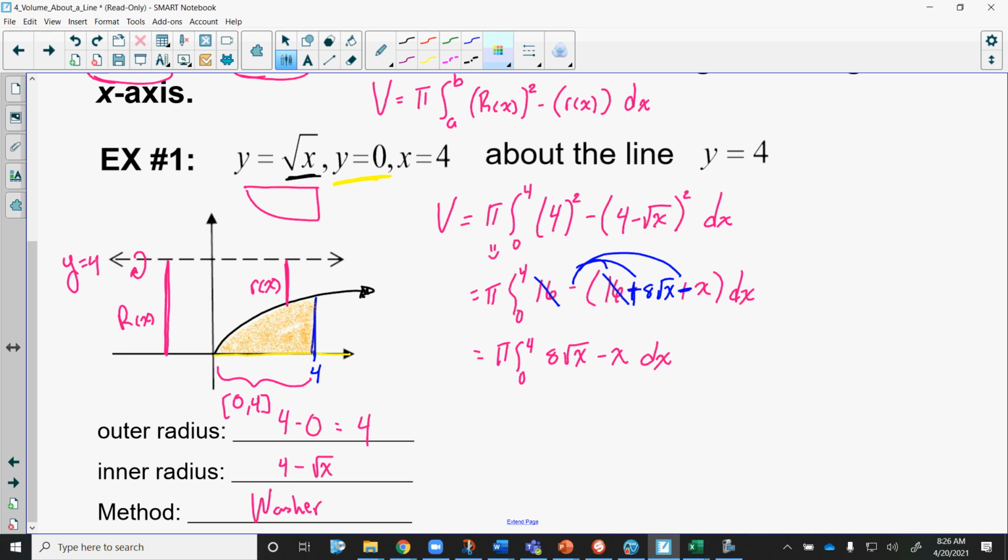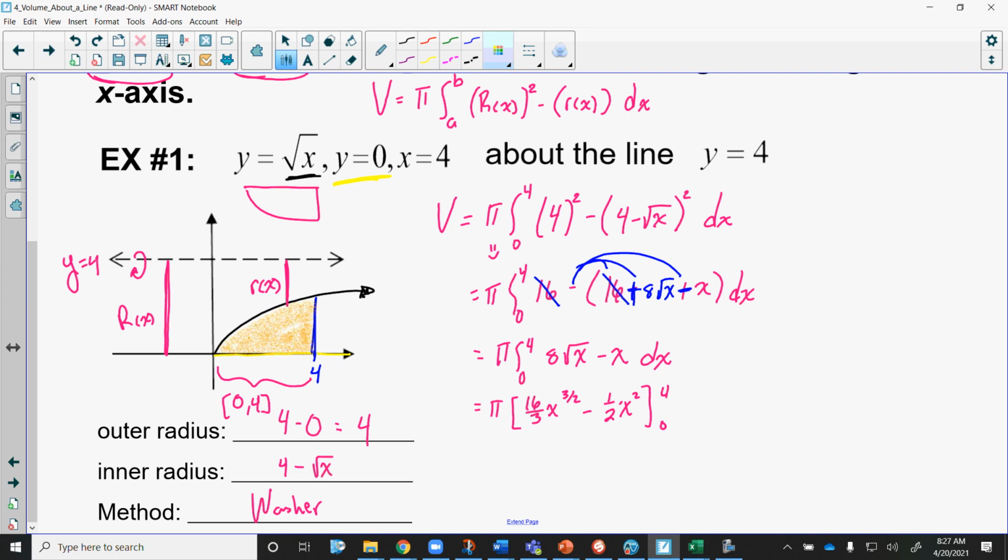So we've simplified the integrand. Now we can go ahead and perform the antiderivative. In this case, we have the constant of pi, and the antiderivative of 8 times x to the 1/2 power is going to wind up being 16 thirds x to the 3/2 power, minus, in here we're going to get 1/2 x squared, evaluated from 0 to 4.